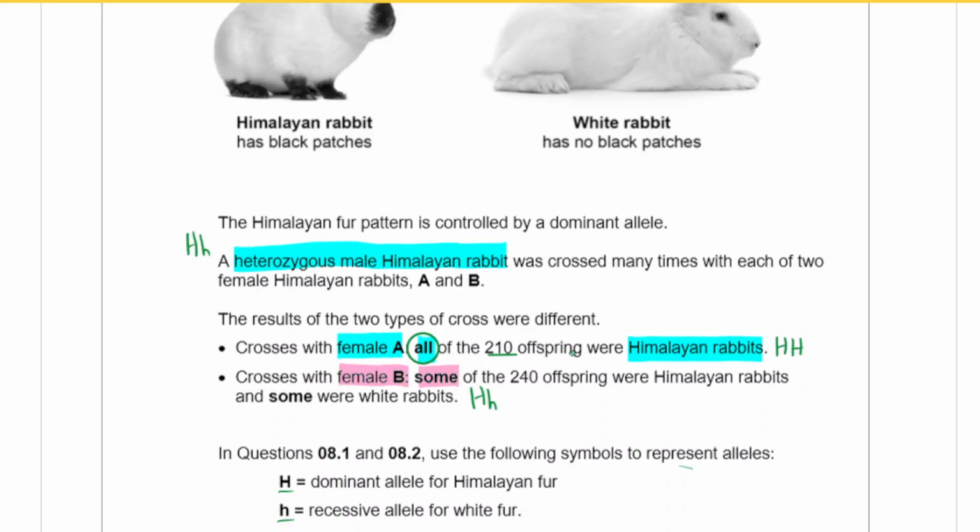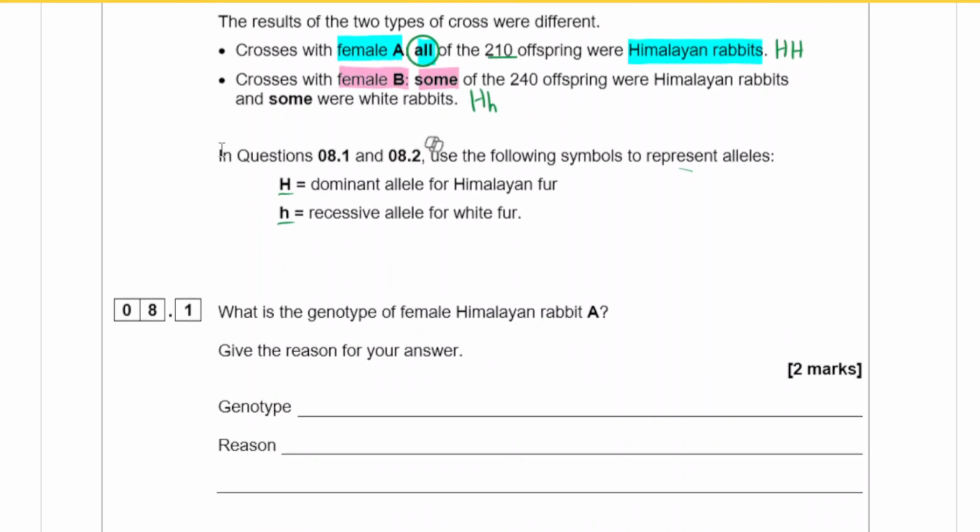Right, so let's have a look at the question. What is the genotype of female Himalayan rabbit A?